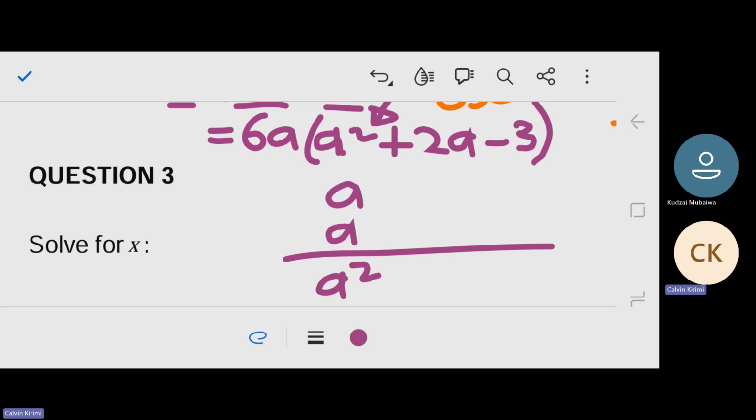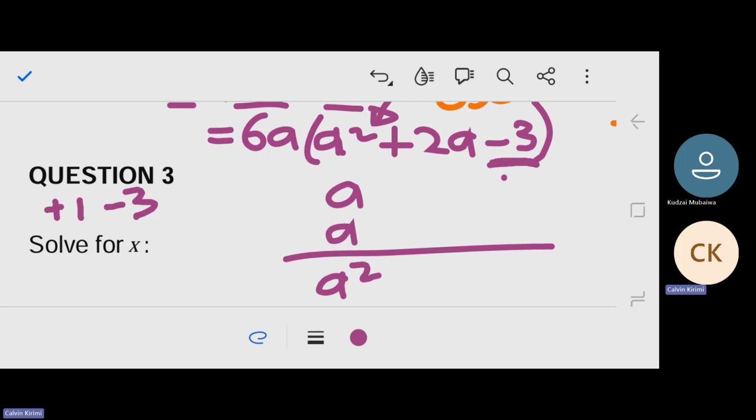Which two numbers, if I multiply, will give me -3? 1 and -3. Yes, I'm going to get this term by multiplying.